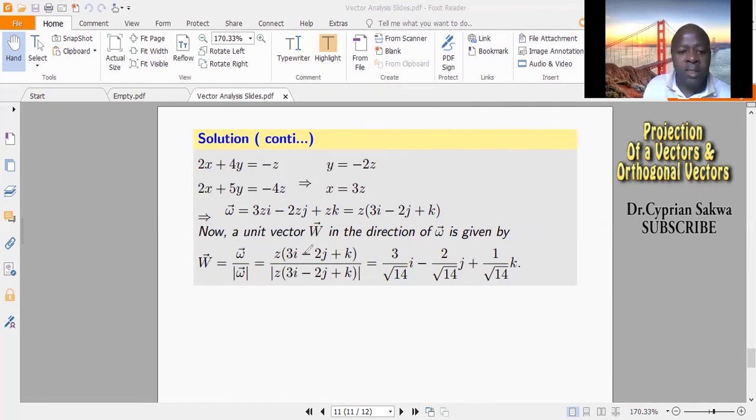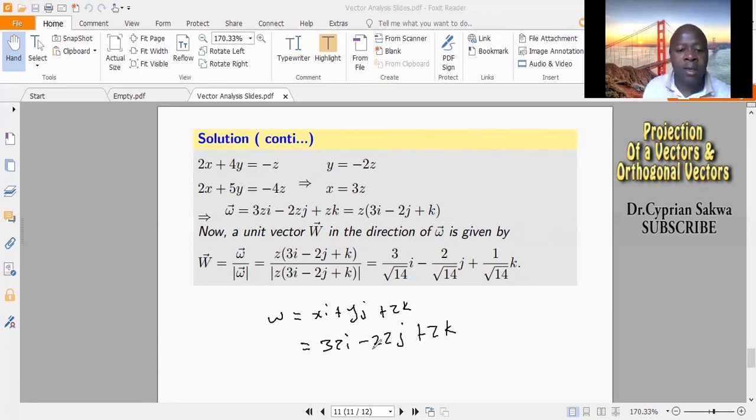So what is our vector that is orthogonal to P and Q? Our vector omega was xi plus yj plus zk. But we already know what x is. So that means our omega will be 3zi minus 2zj plus zk.